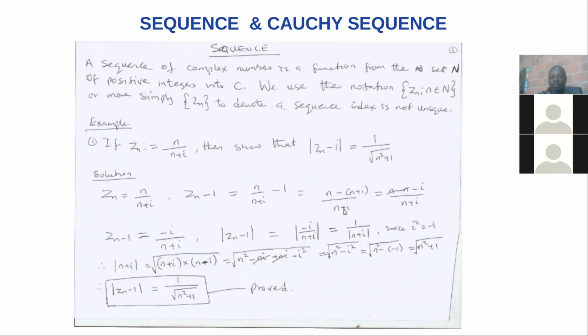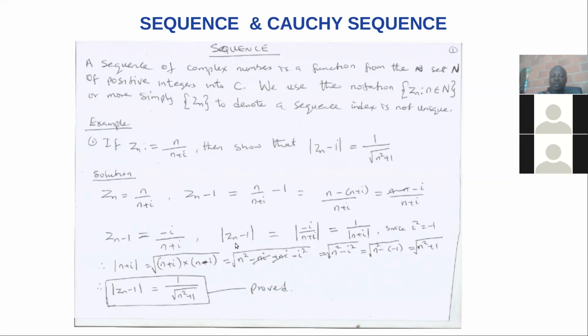And if you perform the numerical operation on it, the denominator is n plus i, which is a common factor. Then n plus i goes into n 1 times, then minus this over 1. It will be n minus n plus i. By the time you open the bracket, you have this, and this will give you Zn minus 1 equal to minus i over n plus i.